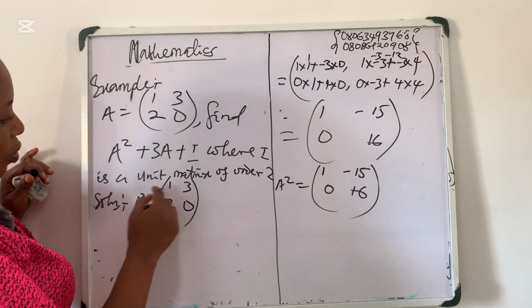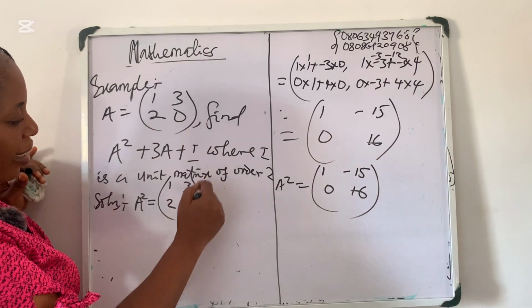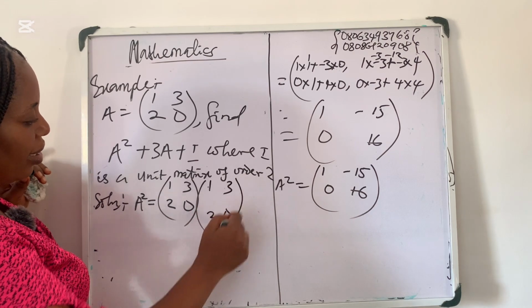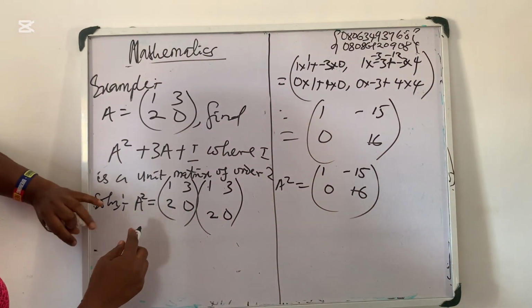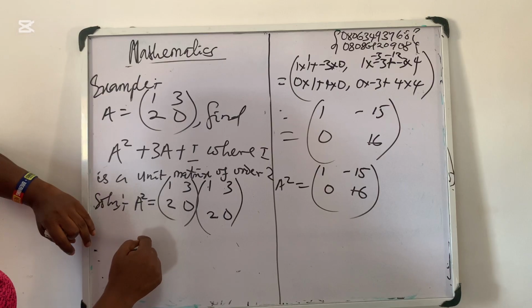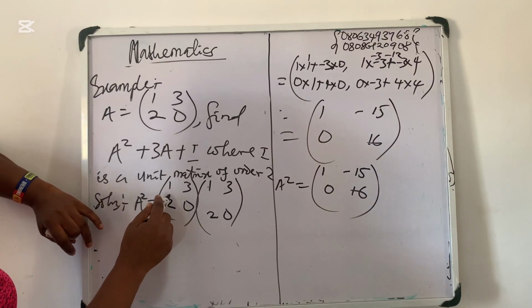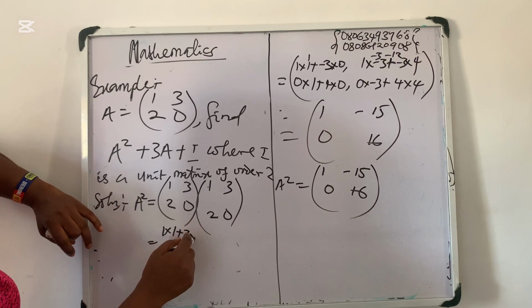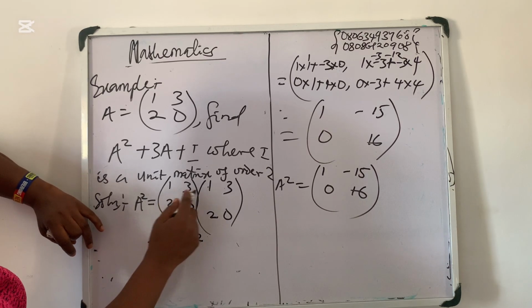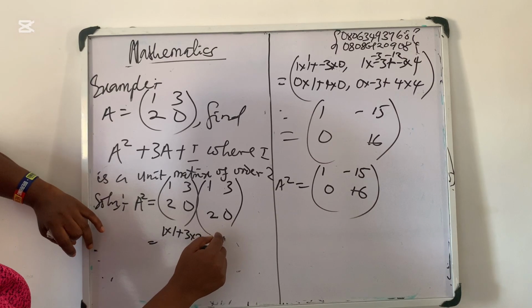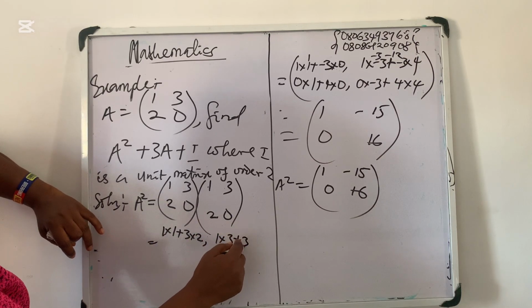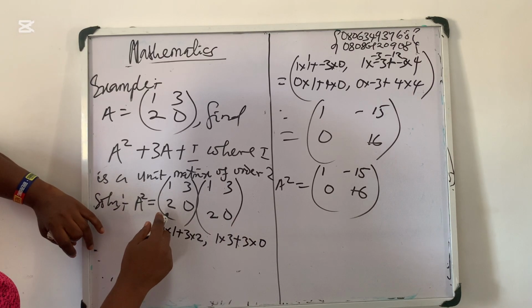Our A squared will be the duplicate of this A. Now let's go. 1 times 1 plus 3 times 2, 1 times 3 plus 3 times 0.